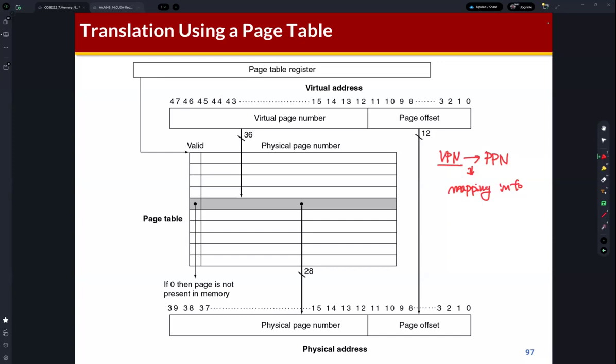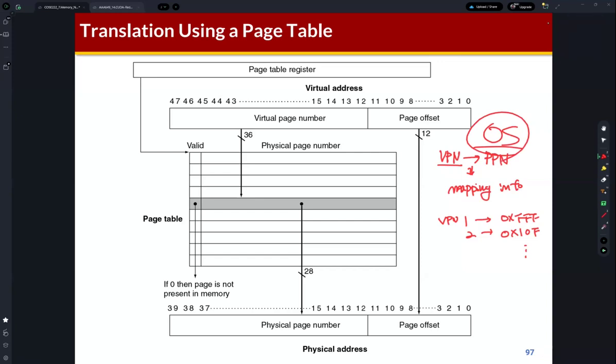Like this is virtual page number 1, and this needs to be physical page number 0xFFF, something like that, and 2 maps to 0x10F, something like that. So how can we support this translation? This information is managed by the operating system.